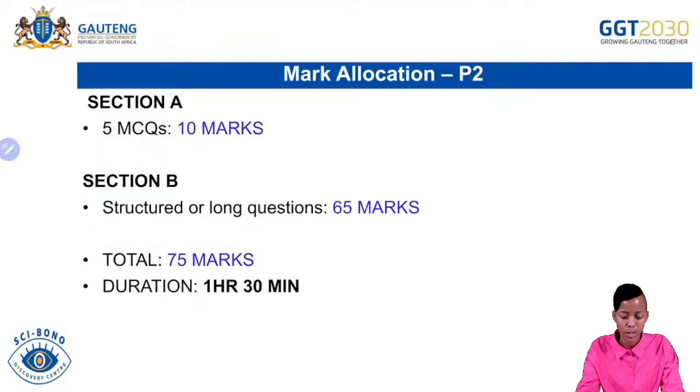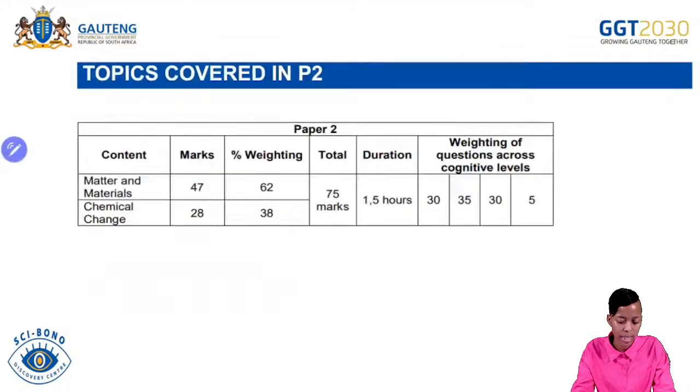The mark allocation for paper 2 is that we have section A, which consists of 5 multiple choice questions with a total of 10 marks. We also have section B, which consists of structured or long questions and has a total of 65 marks. The total for paper 2 is 75 marks and the duration is 1 hour 30 minutes.